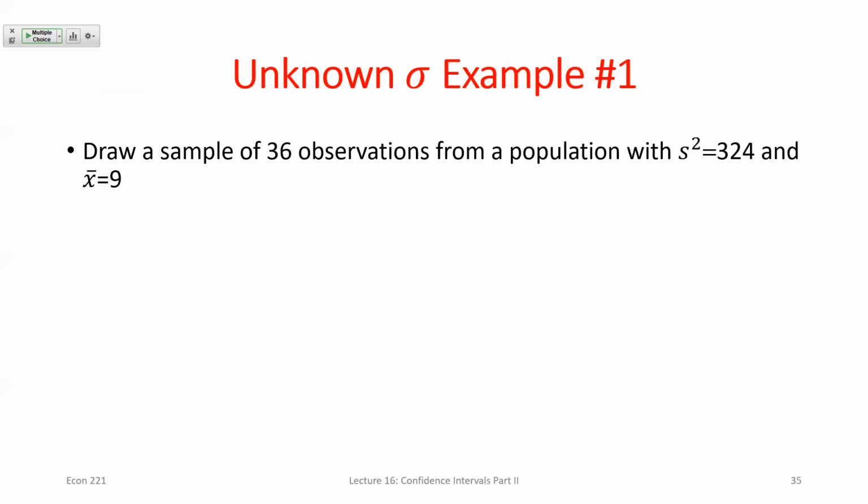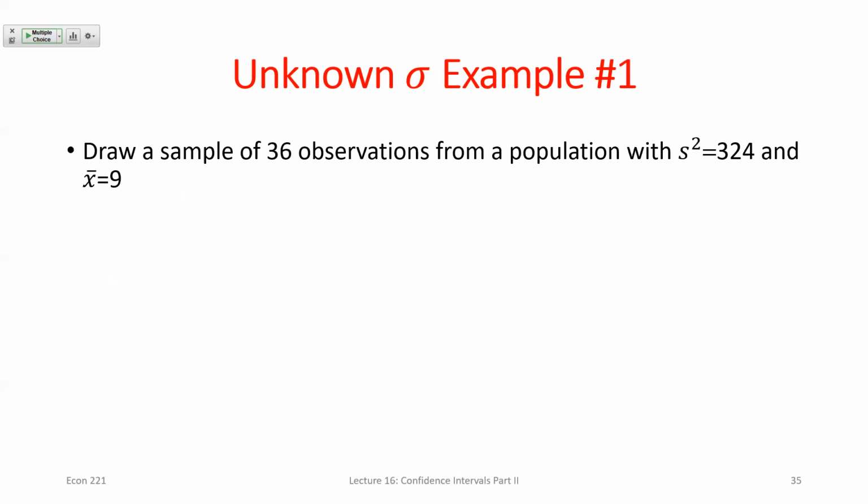This is an arbitrary problem, just giving us some numbers to play around with, and also getting us to use that student t-table a little bit. Let's say I've got a sample of 36, and I see a sample mean of 9.